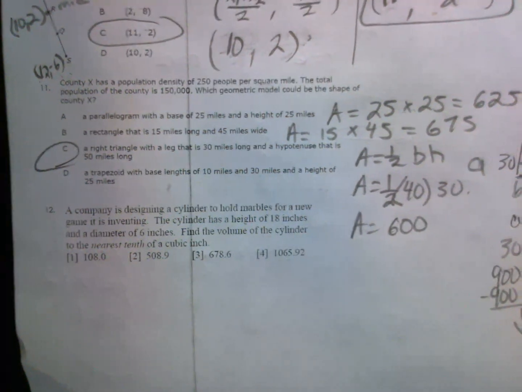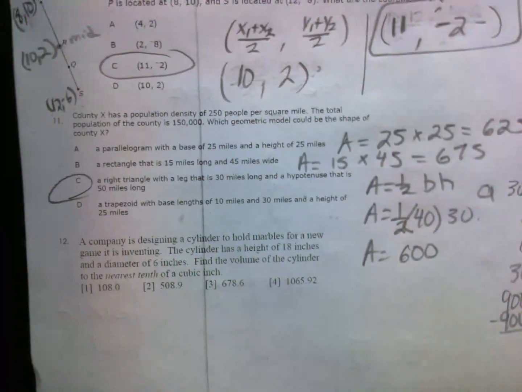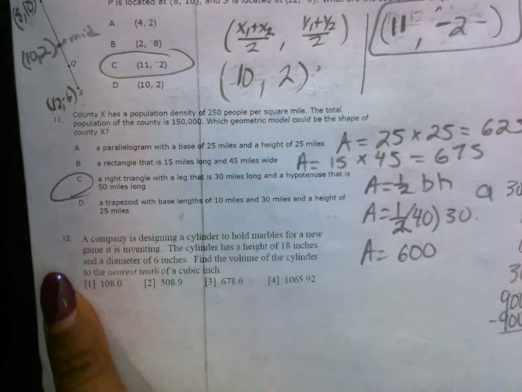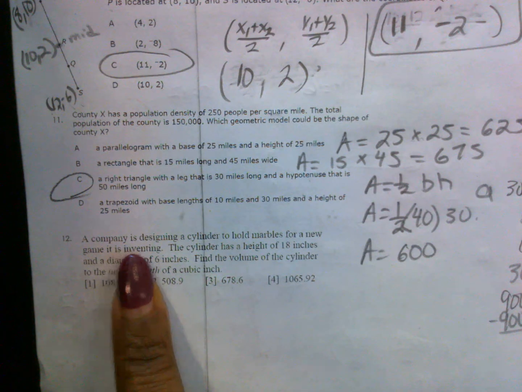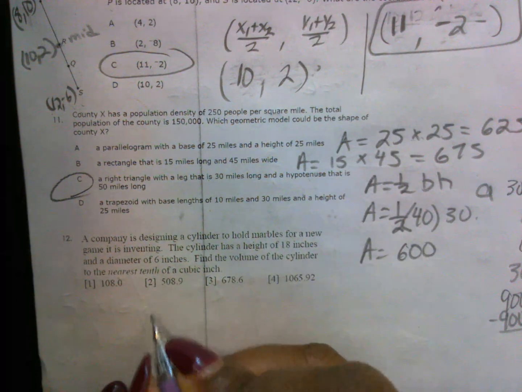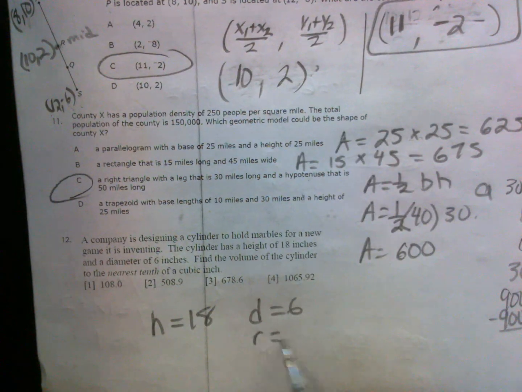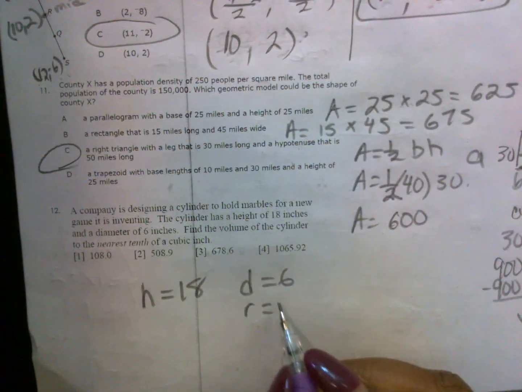All right. Okay, number 12, a company is designing a cylinder to hold marbles for the new game it is inventing. The cylinder has a height, h, of 18 and a diameter, d, of 6. If the diameter is 6, what's the radius? 3.